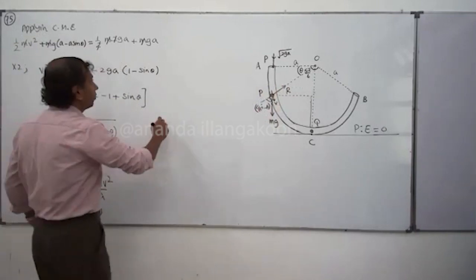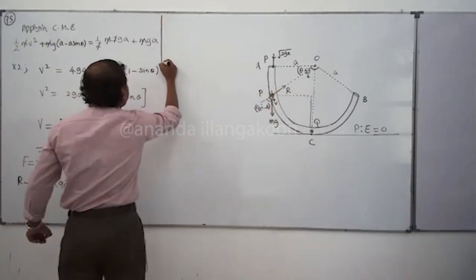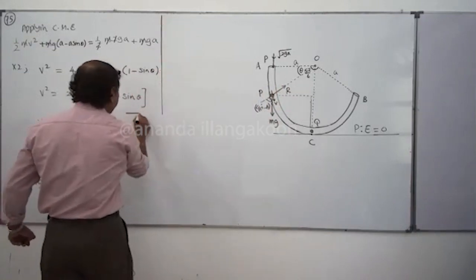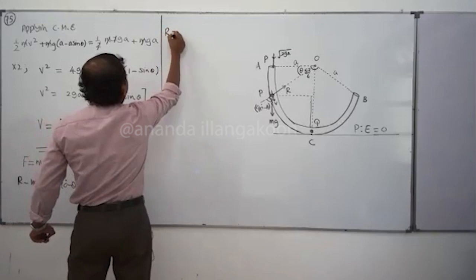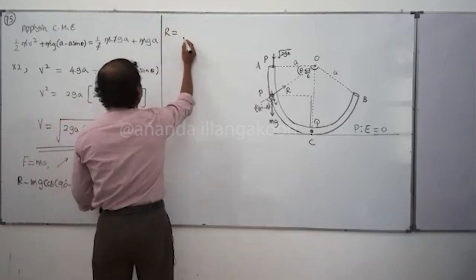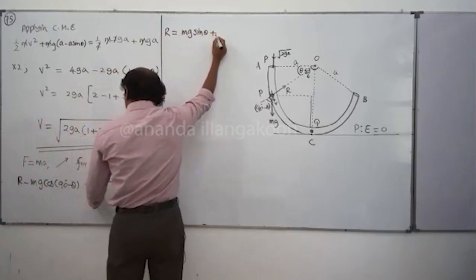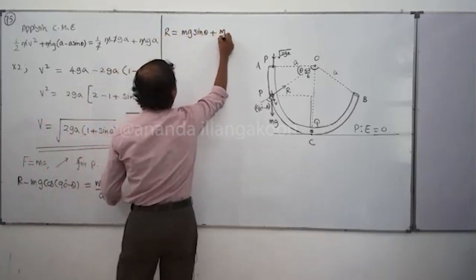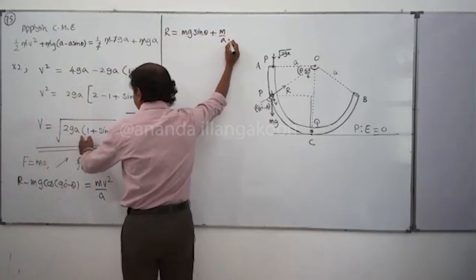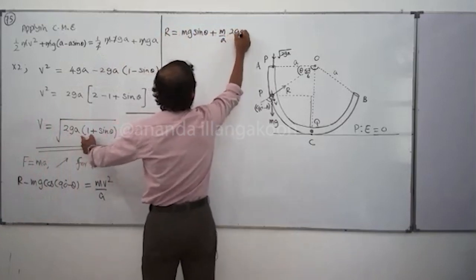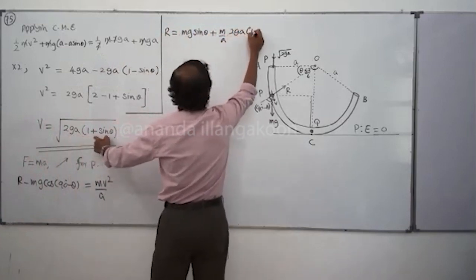Then we make R the subject. R is equal to, bringing this to the right hand side, mg sine theta plus m upon a times v squared, for which I substitute 2GA(1 plus sine theta).